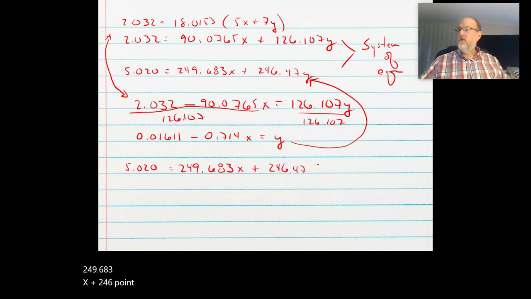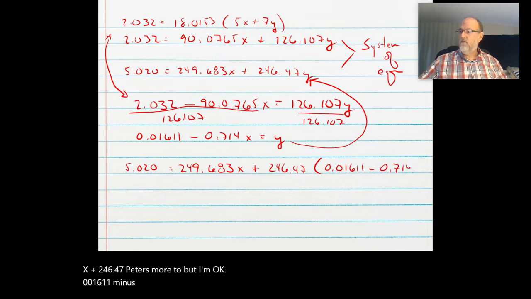I think there's more to that, but I'm okay. Times 0.01611 minus 0.714x. I'm going to distribute that across.